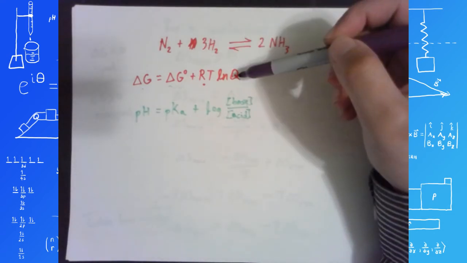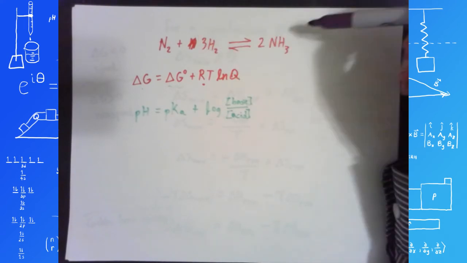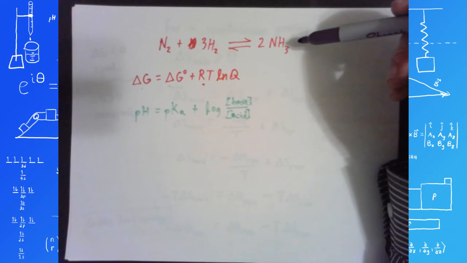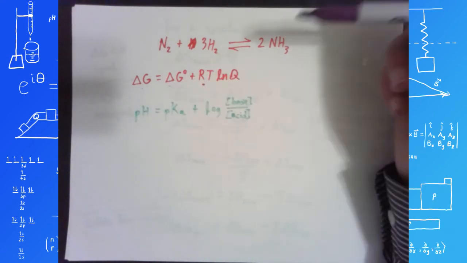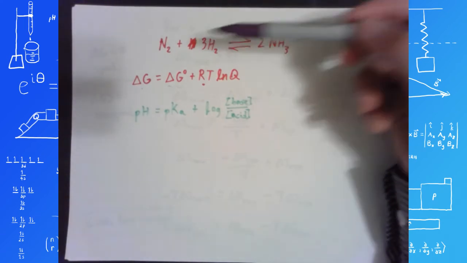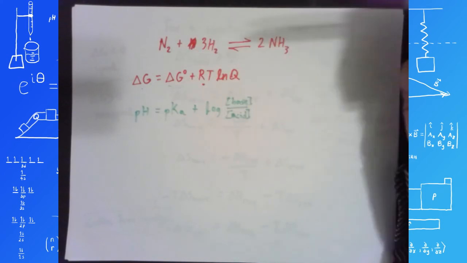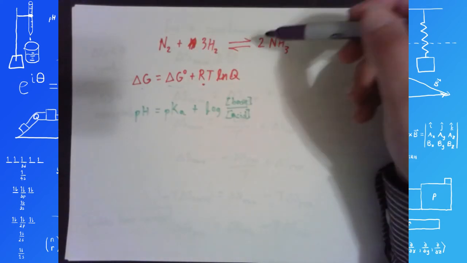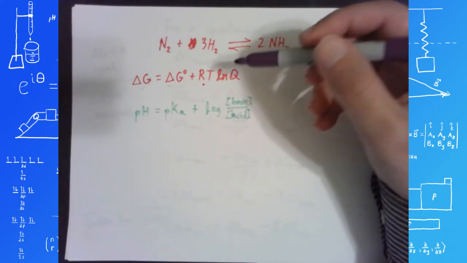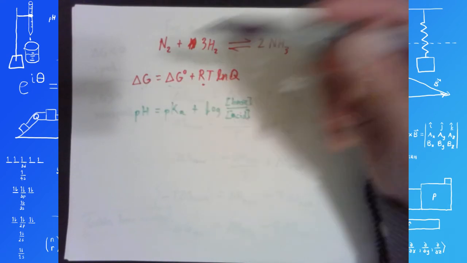If your Q was less than K, then the forward process would be spontaneous and your delta G would be negative. If Q was greater than K, then your reverse process would be spontaneous and your delta G would be positive. If you are at equilibrium, then Q is equal to K and delta G overall is 0.